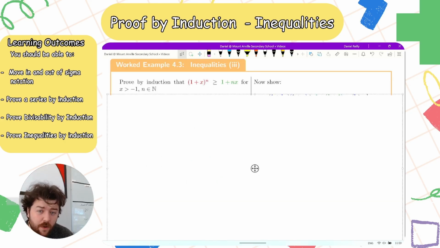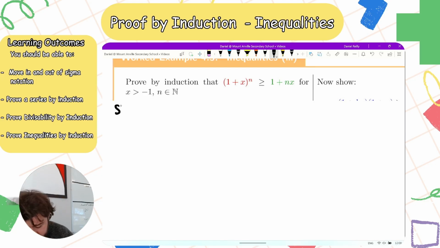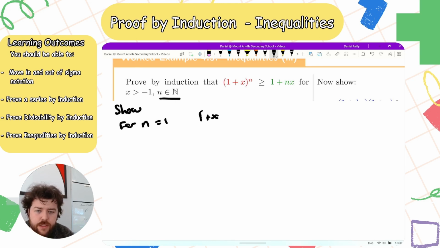So prove by induction that 1 plus x to the power of n is greater than or equal to 1 plus nx for n greater than minus 1. So we need to first show for n equals 1, because that's the smallest value of n. So 1 plus x to the power of 1 is greater than or equal to 1 plus 1x. 1 plus x is greater than or equal to 1 plus x.